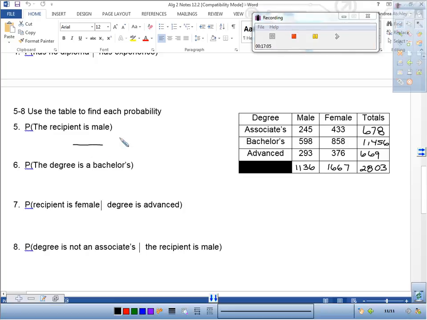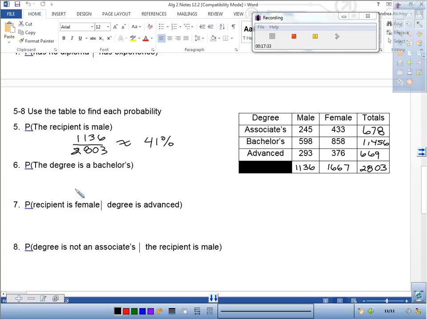Noah P., what were the numbers that you put? 2,803. Okay, so we're looking at the males versus everybody. And what percentage did you get? 41%. Okay, the degree is a bachelor's.